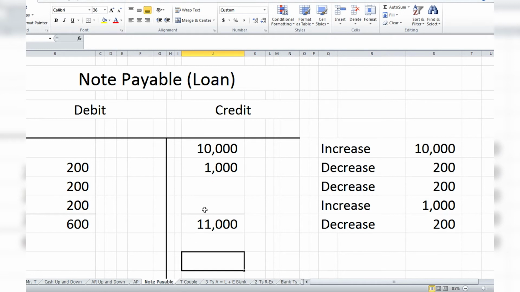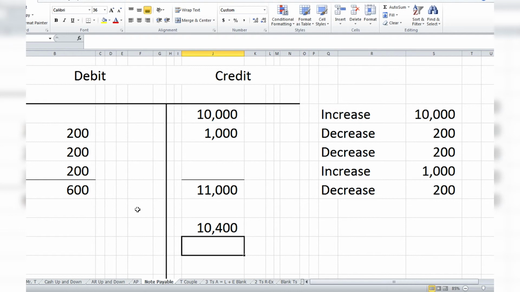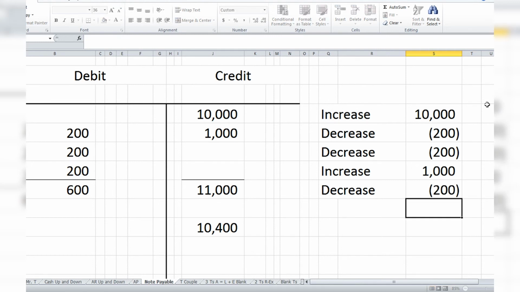The ending is going to be a credit of 10,400. Check that on my right: 10,000 minus 200 minus 200 plus 1,000 minus 200 equals 10,400. There you have it.